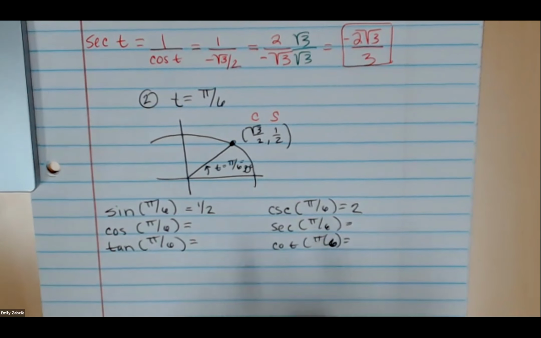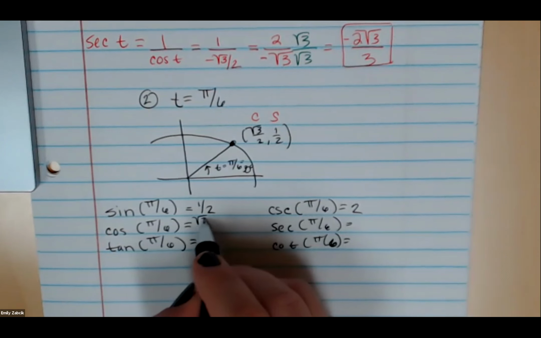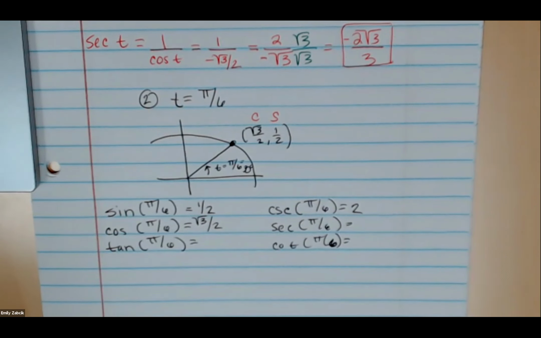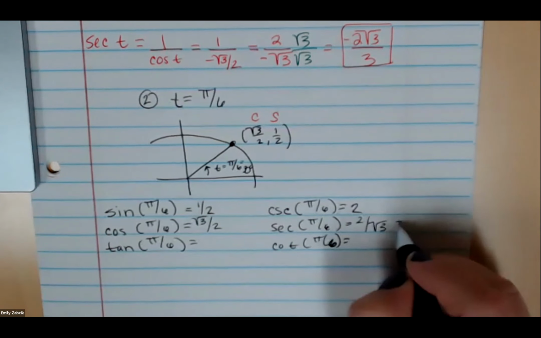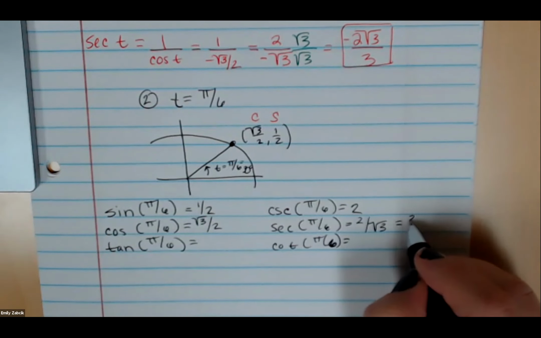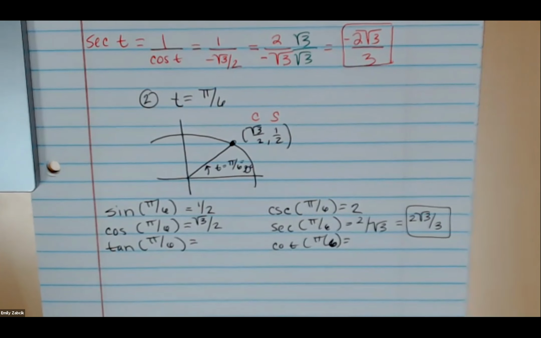Cosine, given by what I know about pi over 6 and the unit circle, is square root of 3 over 2. So secant is 1 over cosine. So that means this one would be 2 over square root of 3. And just further up on this page, we already discovered that that's 2 square roots of 3 over 3. More than halfway done now.